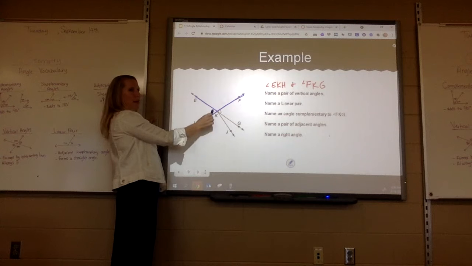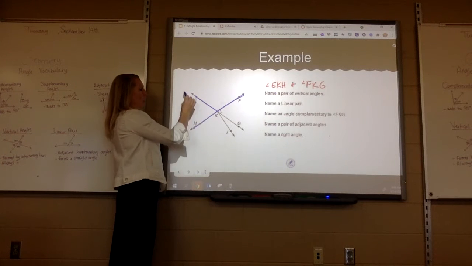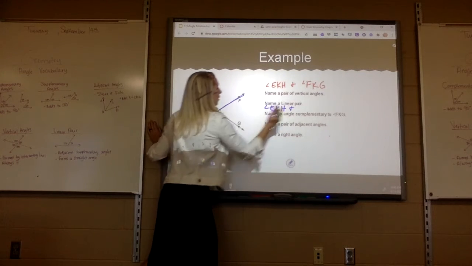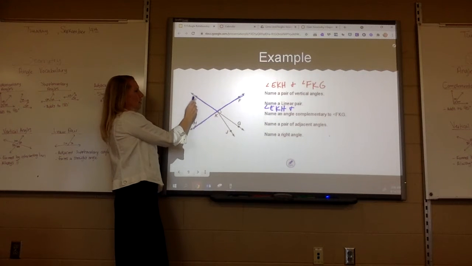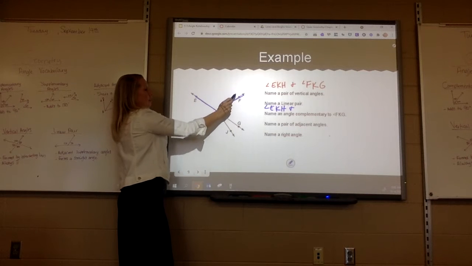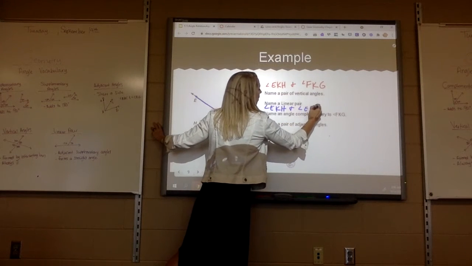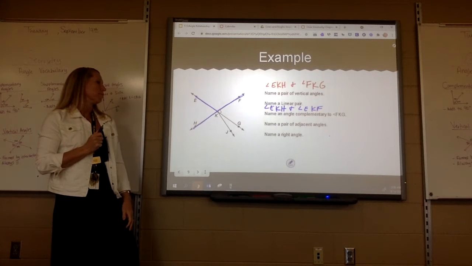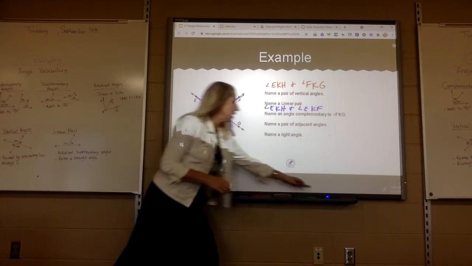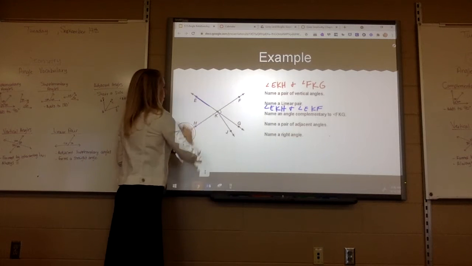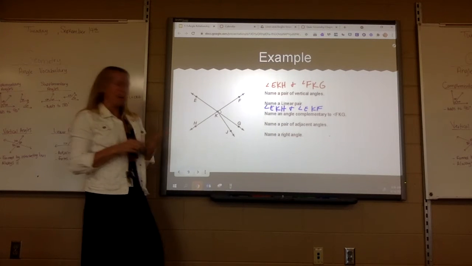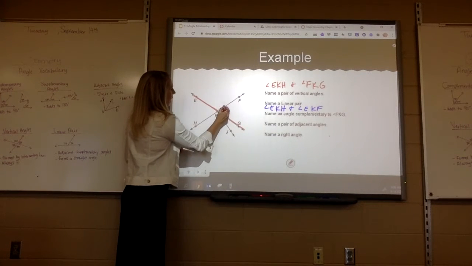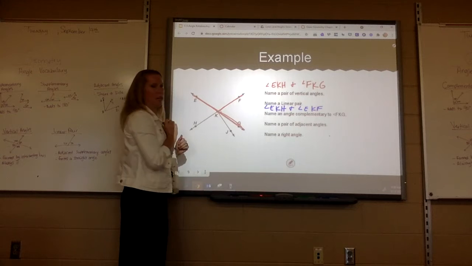EKH would be linear to, how do I name that angle? EKF. Do we have to start with the E? No. So that would be a linear pair. There's lots of answers though. I could have gone this way and said like EKF and FKG.